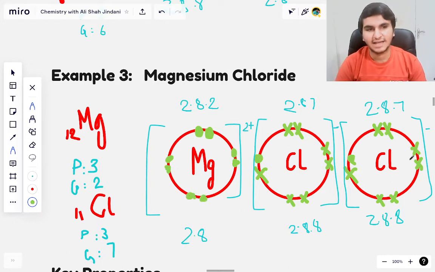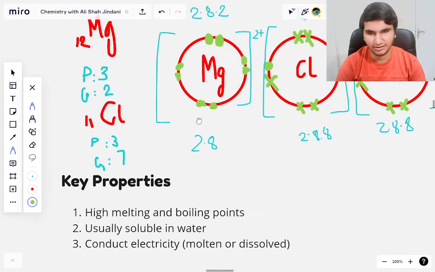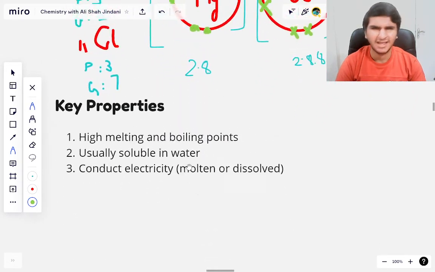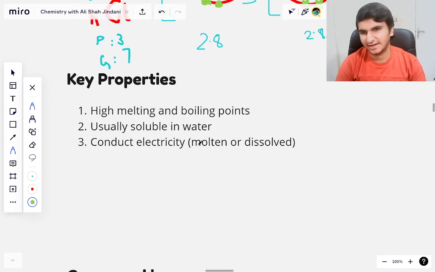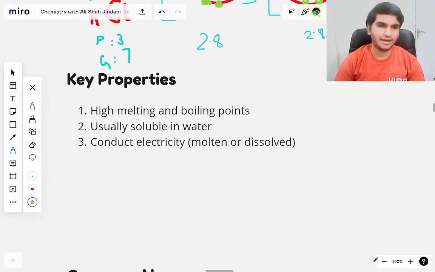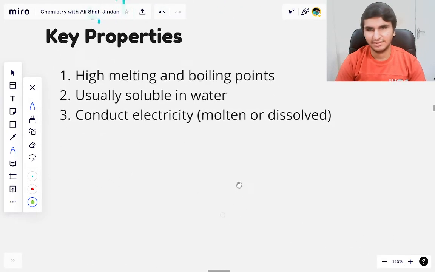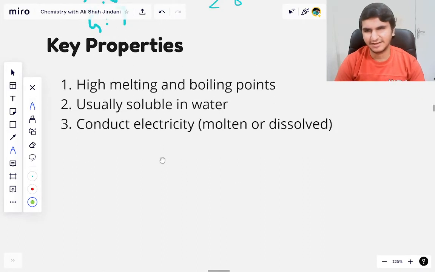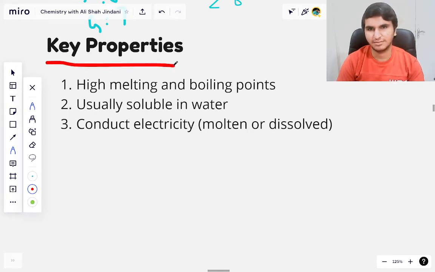So that is how it all works out. This was a lot of things for ionic bonding, but ionic bonding is lengthy. That is why I'm going much slower with this topic. It is probably the most lengthy and a little bit tougher than the other ones.